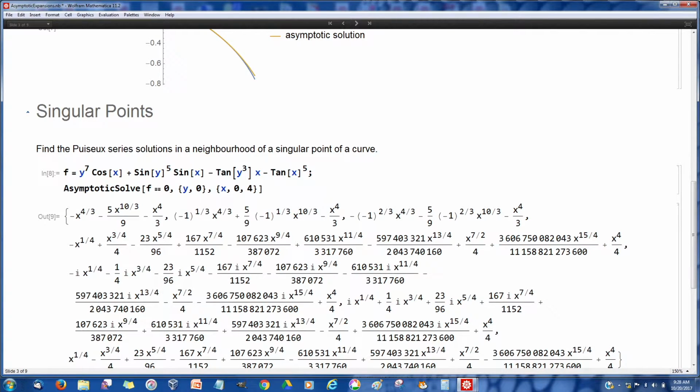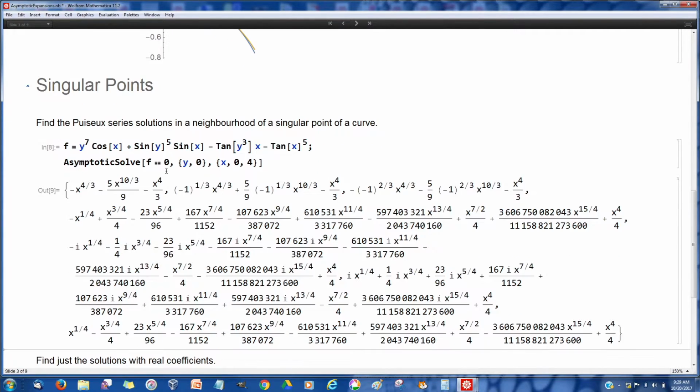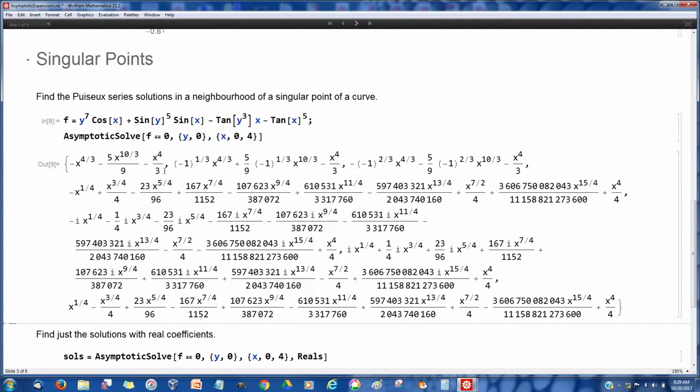So you can see, if we set x going to 0, we get y to the 7th power, so it's a 7th degree solution, and it splits into analytic solutions.